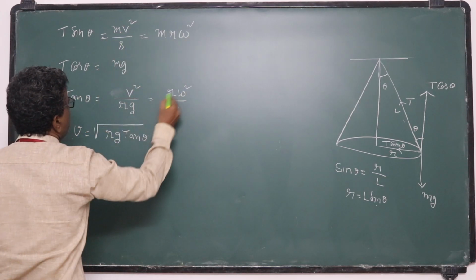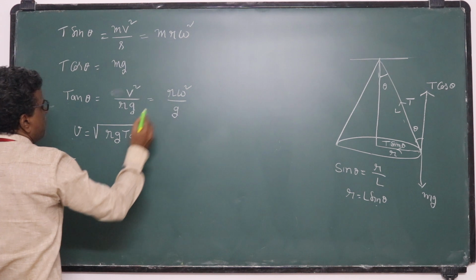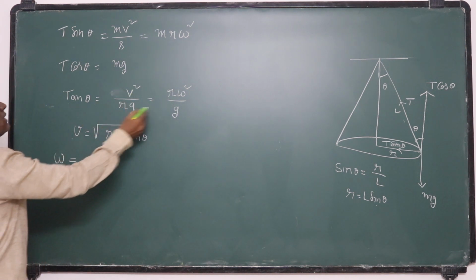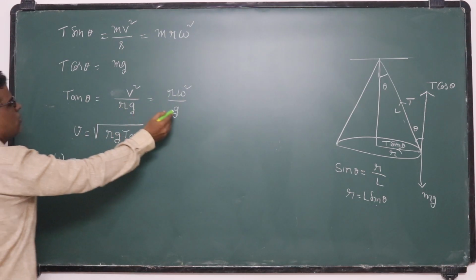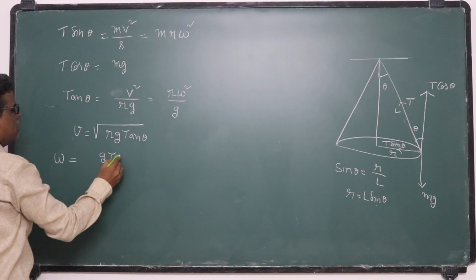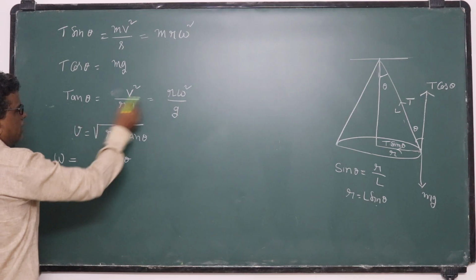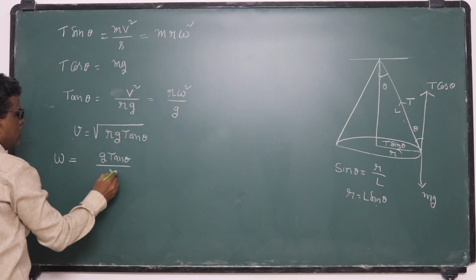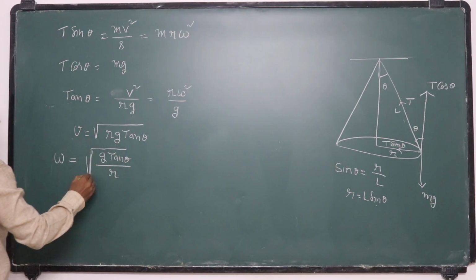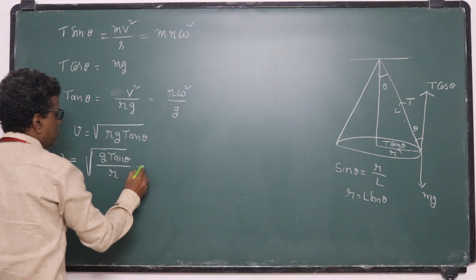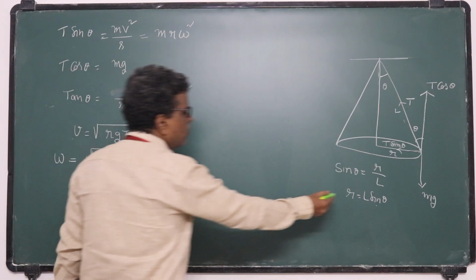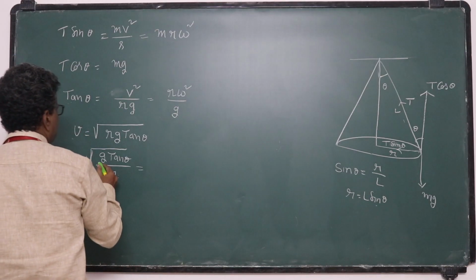So from root rg tan theta, omega is equal to root of g tan theta by r. That is omega under root. This is angular speed. Instead of r, we can write L sin theta.